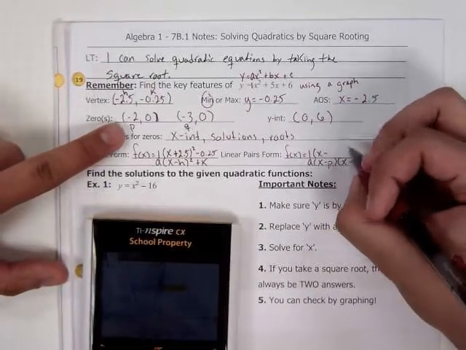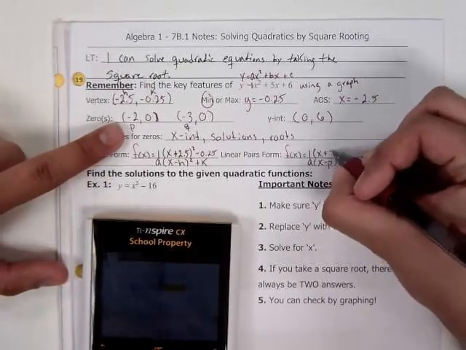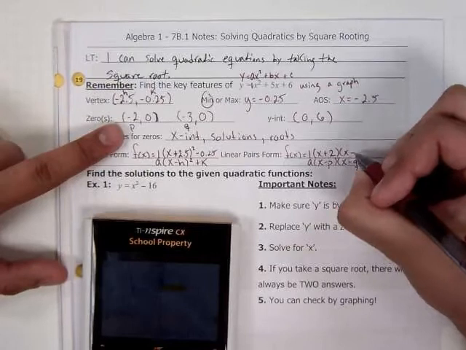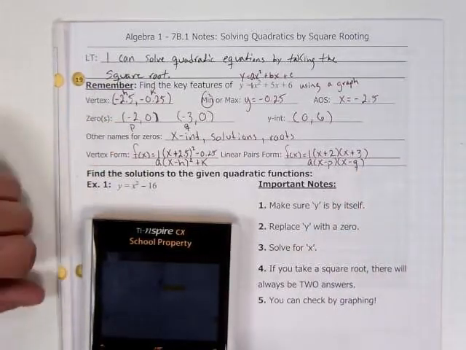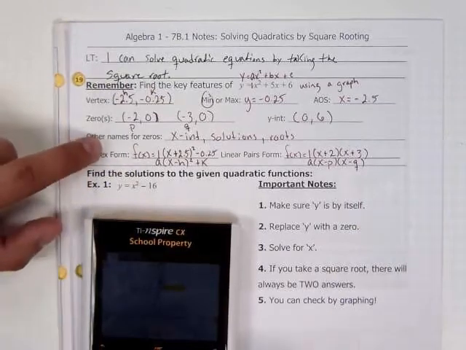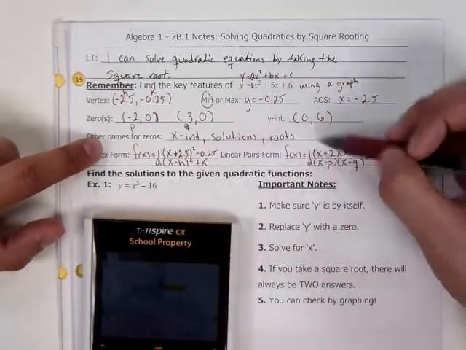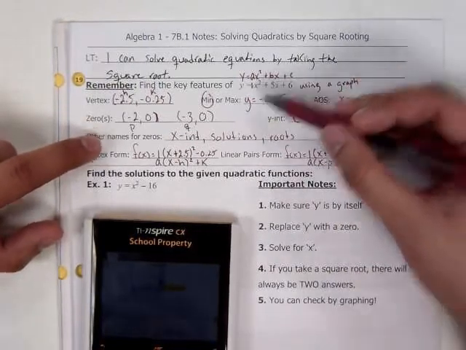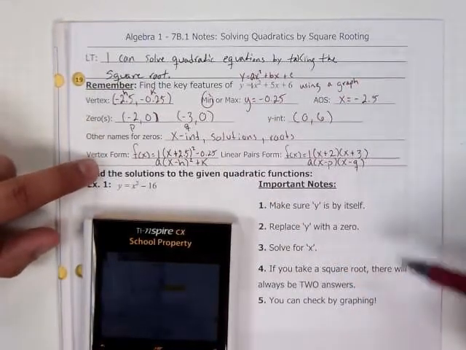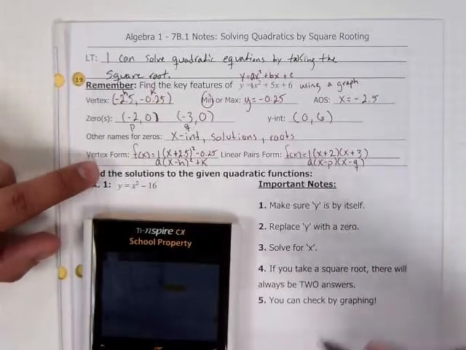So our first one is negative 2. Well, we have a minus, so it becomes positive. And then x minus negative 3, minus becomes positive. So this is our equation. These three equations are the same equation. This is standard quadratic, this is vertex form, and this is linear pair form. But all three are the same equation.